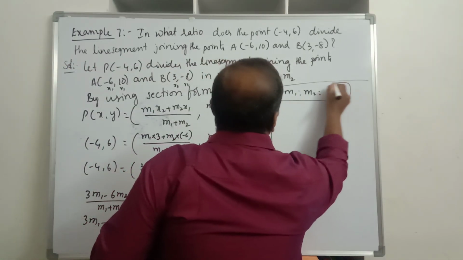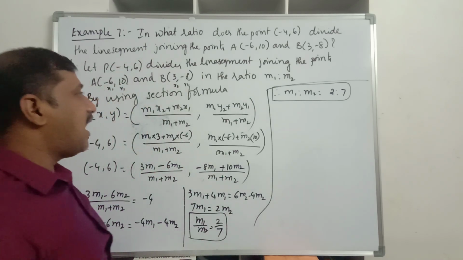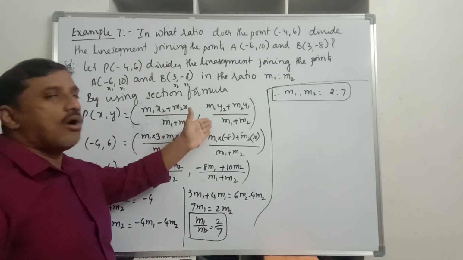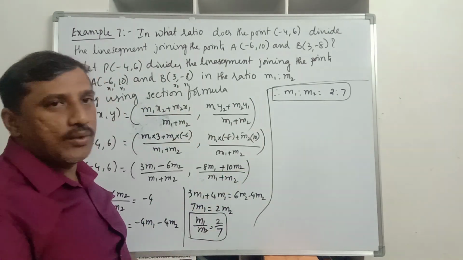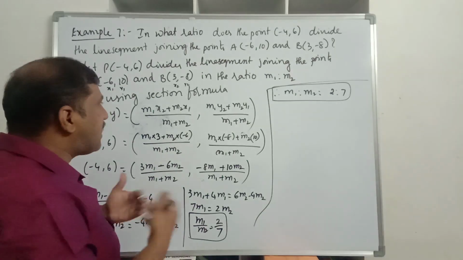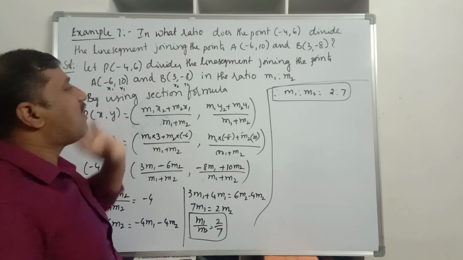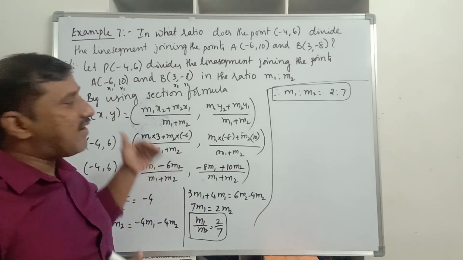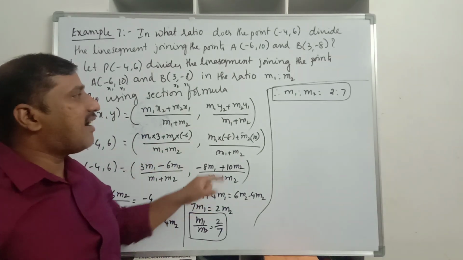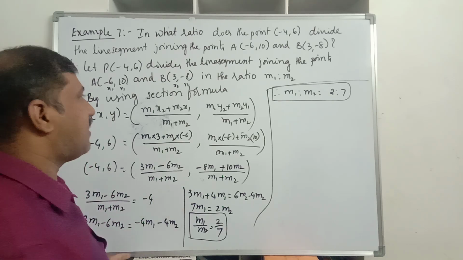So this we got from the x coordinate. Similarly you can find it for the y coordinate also, we get the same 2 is to 7. Instead of finding it for the y coordinate, you substitute this ratio in the y coordinate. Then if it satisfies, the required ratio is 2 is to 7.